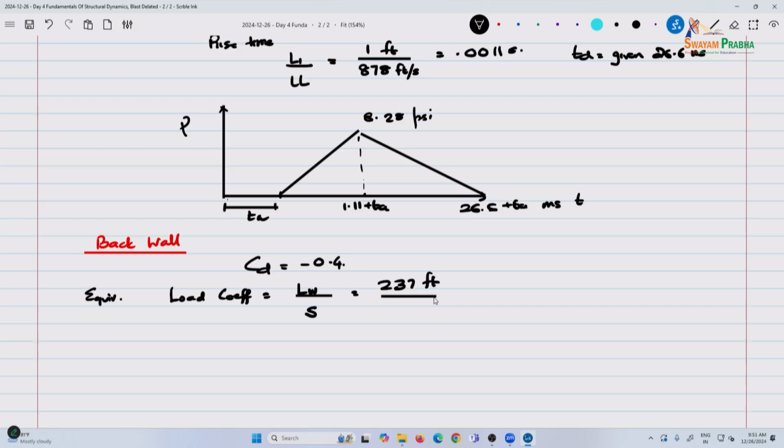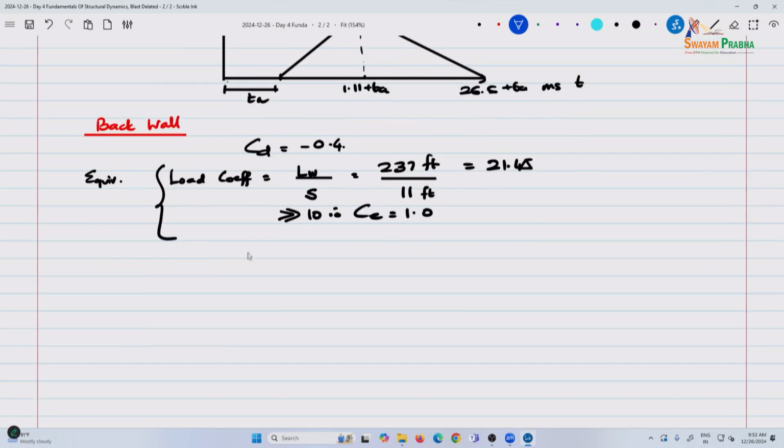And S is the height, the lesser of the two. In this case, the height was 11 feet. And so this comes to 21.45. So again, from this, much greater than 10, CE equal to 1.2.